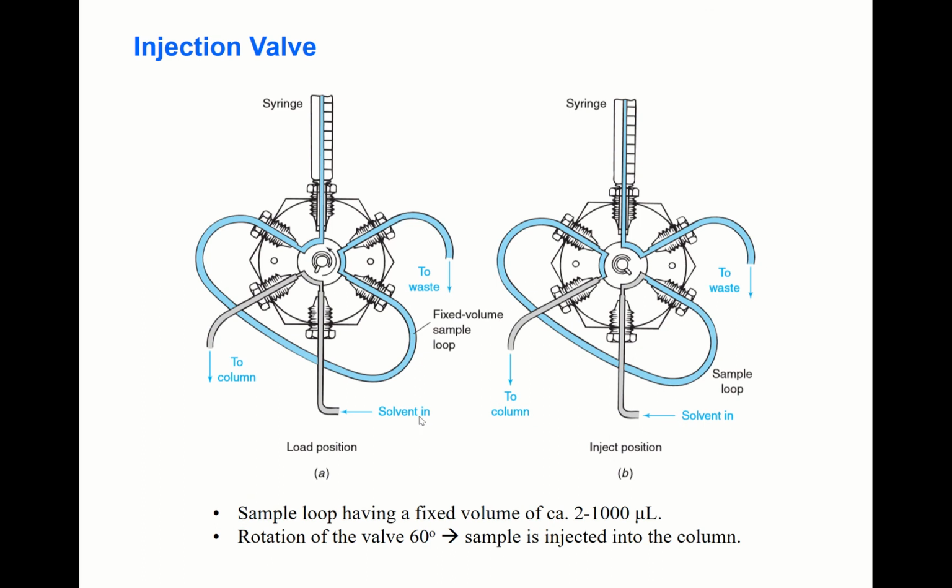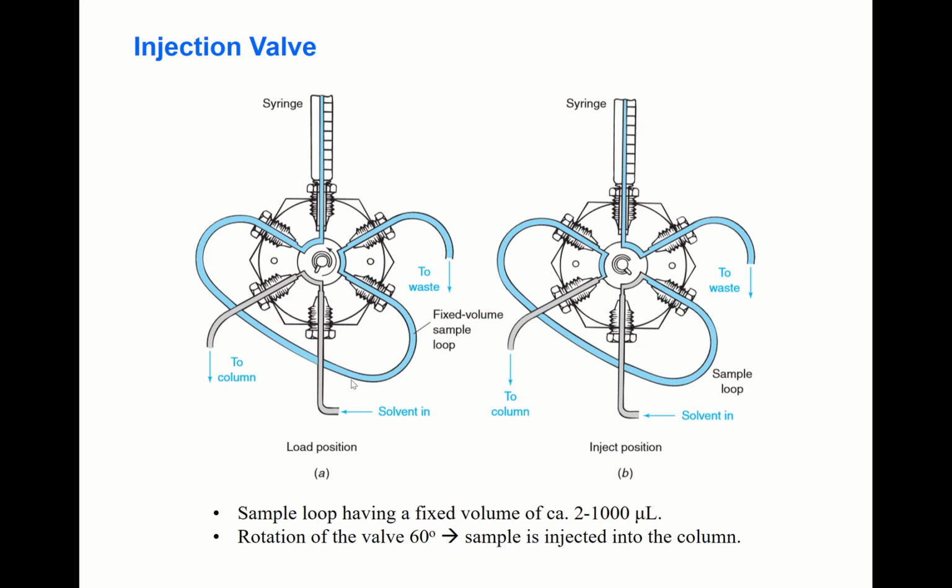Here this is the structure of the injection valve. Now you inject your sample here through this syringe. This is the load position, before injection to the column. You see it has one, two, three, four, five, six ports here, and they are interconnected. This is the loop.